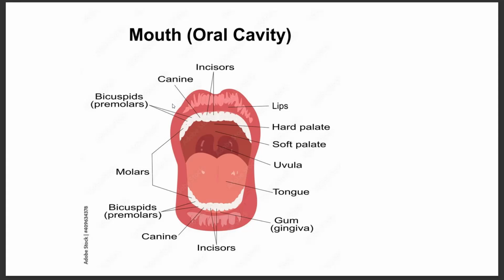So what is the function of teeth? They cut the food, mash it, and grind the food, which makes it easier to swallow, and it increases the surface area for the enzymes to act. When we break down those large pieces of food into small particles, what happens?